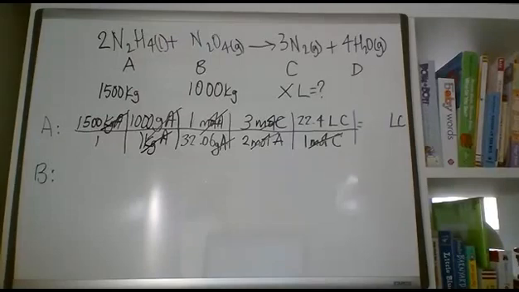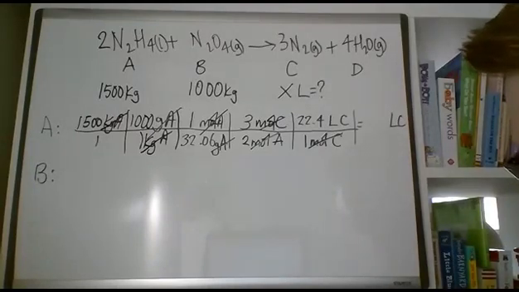So 1,500 multiplied by 1,000 multiplied by 1 multiplied by 3 multiplied by 22.4. And you divide it by everything on the bottom. So divided by 32.06 and then divided by 2.